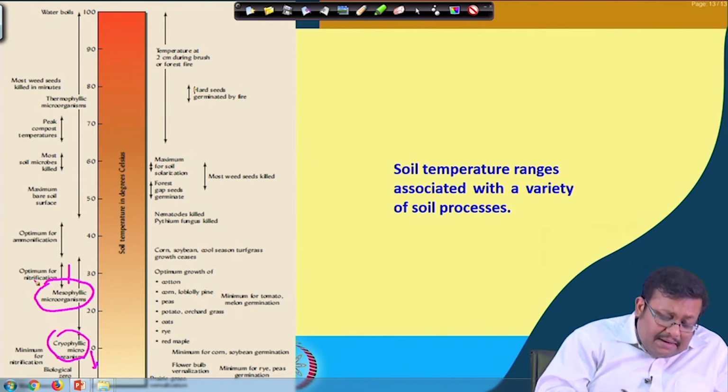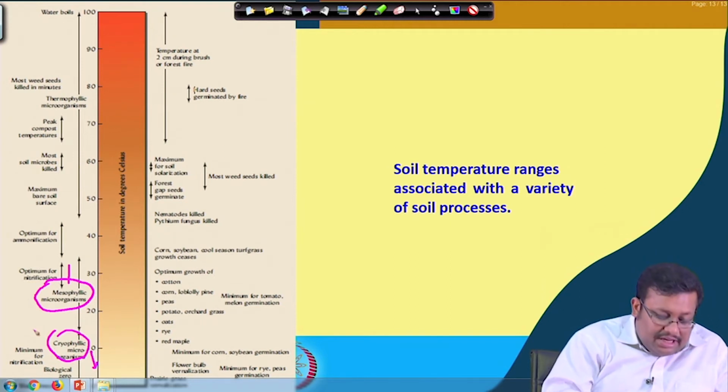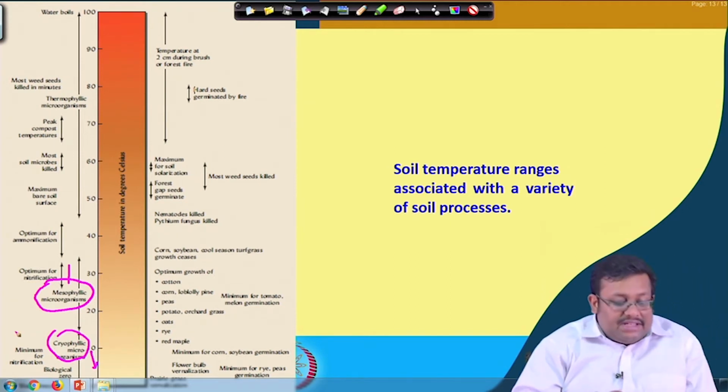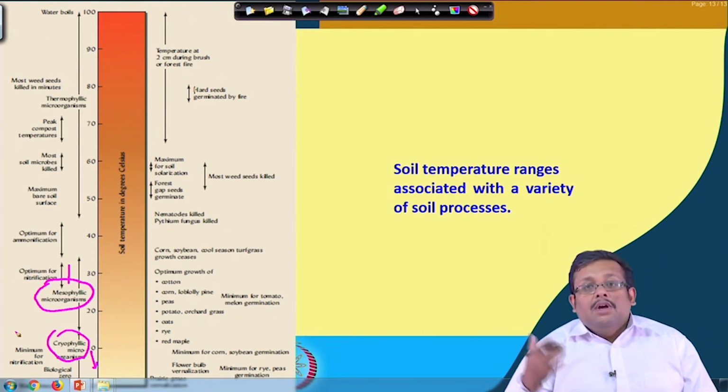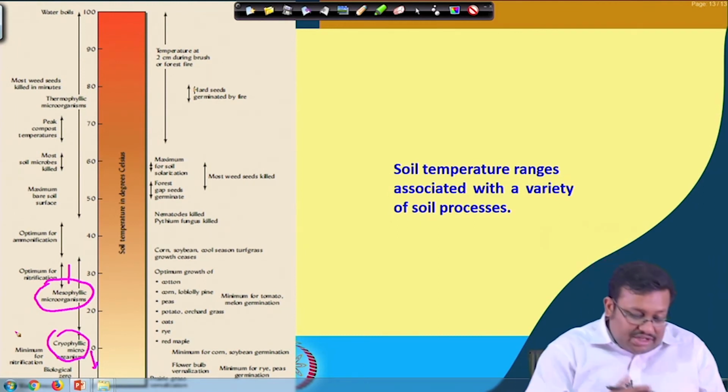And remember that below 0 degrees centigrade there will be minimum biological activity, and as a result there will be minimum nitrification, and nitrification is required for the growth of the plant, because plants require nitrate for their growth, and this nitrate can be generated through the nitrification process.